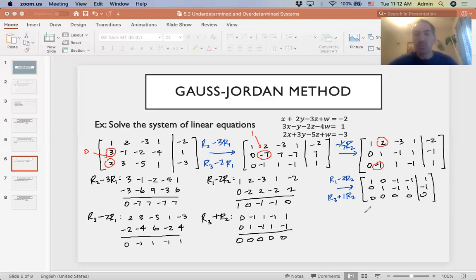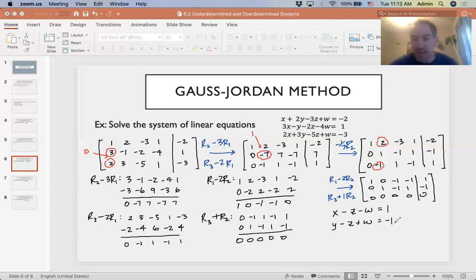So we want to be able to write our answer as that ordered quadruplet. All right, so to interpret this, we have x plus 0y minus z minus w is equal to 1, and 0x plus 1y minus z plus w is equal to negative 1. Okay, and that's all we have.